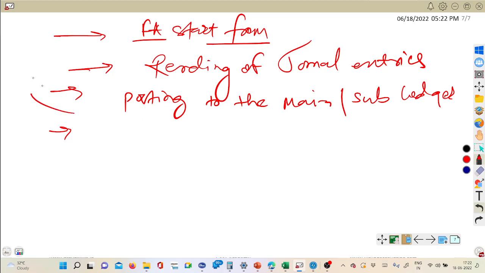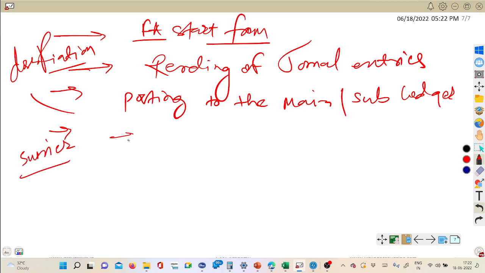So where you can say classification basically. Then summarize. Why summarize? Because after that we prepare trial balance. Then after that you can prepare the final accounting.